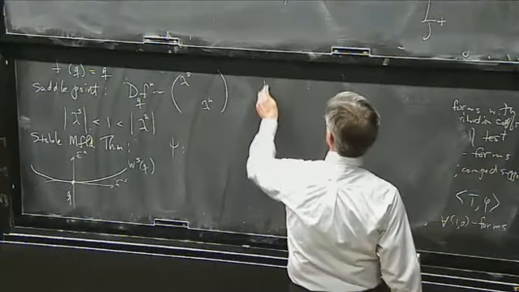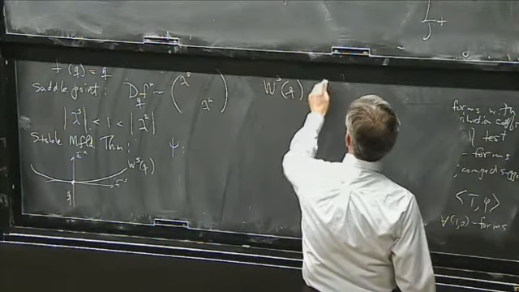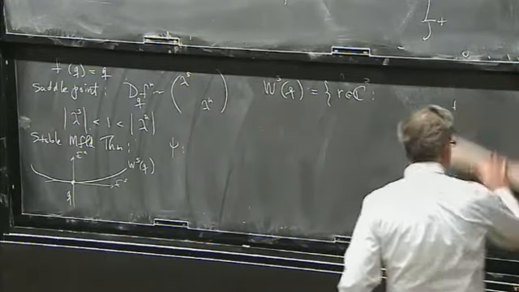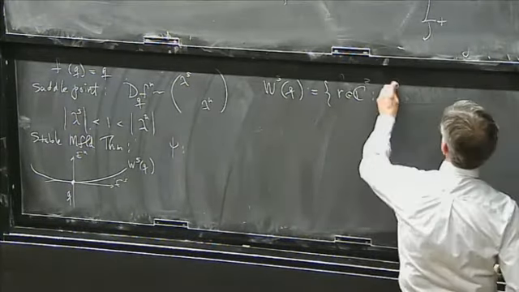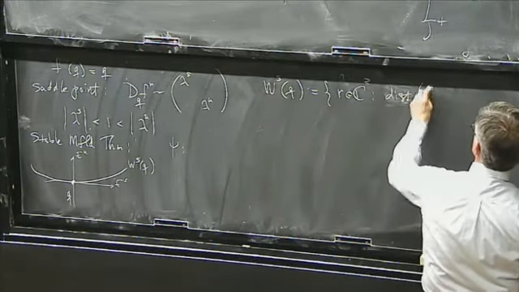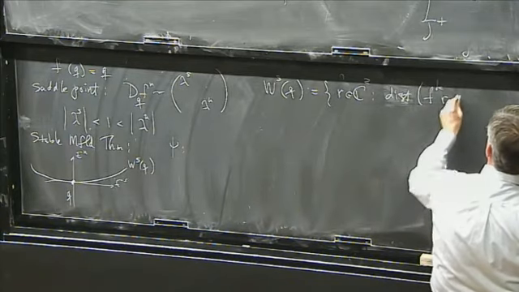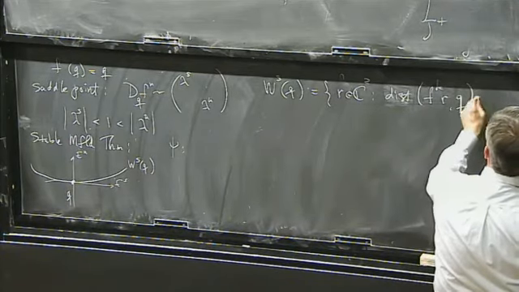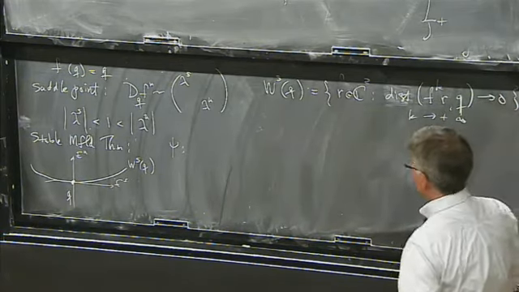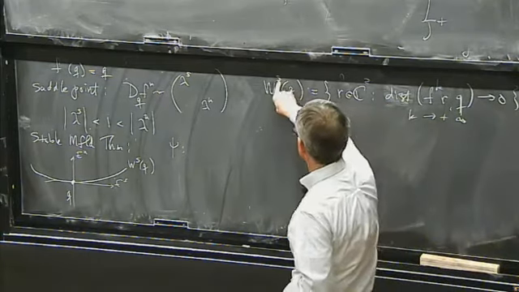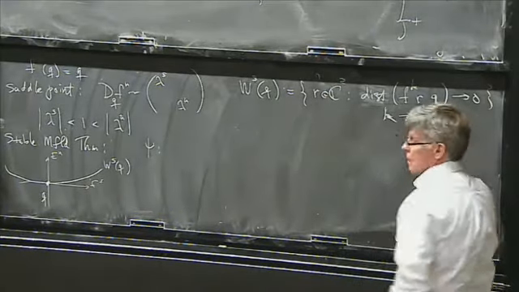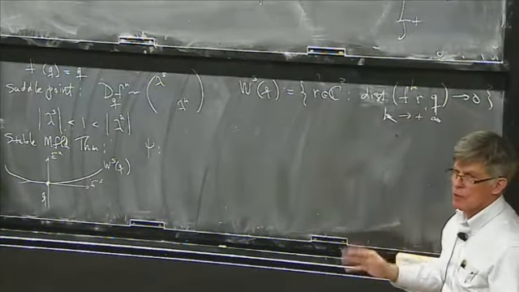The stable set is the set of all r in C2 such that when I iterate them, the distance from f to the k of r to q goes to 0 as k goes to plus infinity. For unstable manifolds, unstable means as time goes to negative infinity. The word unstable is a misleading word. It means stable for backward time.